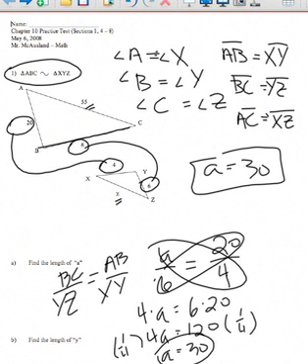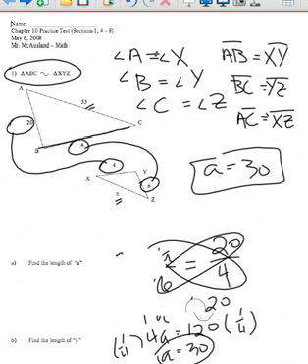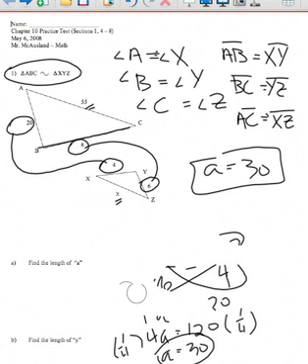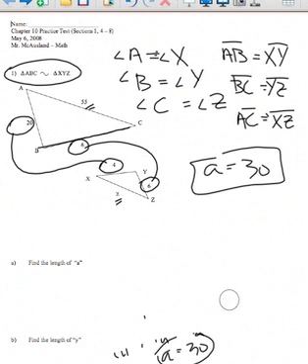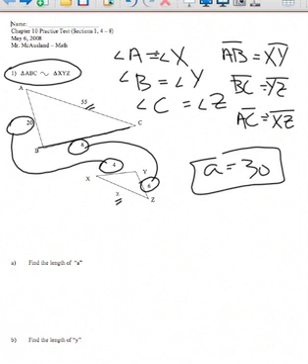Problem B, finding the length of Y, you're going to deal with it in the same exact fashion. You're going to use the known. Now, some people say, can we use 30 in our equation finding B?